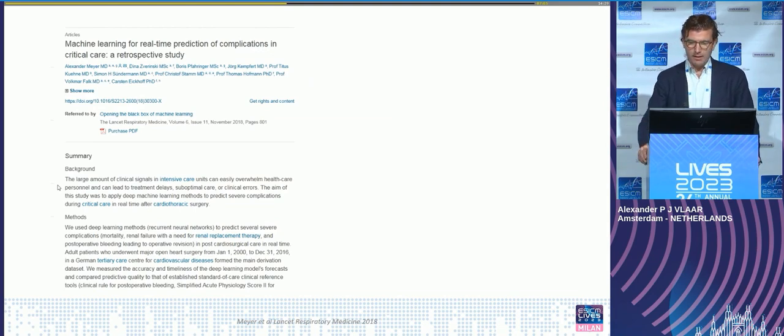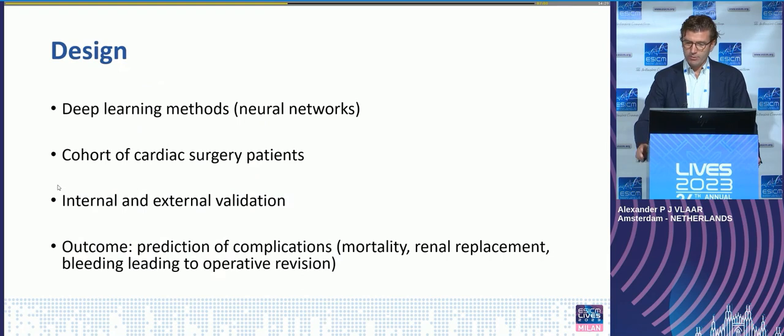This was studied and published in Lancet Respiratory Medicine for cardiac surgery. Maybe a bit strange, you would not search in Lancet Respiratory Medicine for a cardiac surgery cohort, but it was published there. Deep learning methods in cardiac surgery with internal and external validation and outcome prediction of complications.